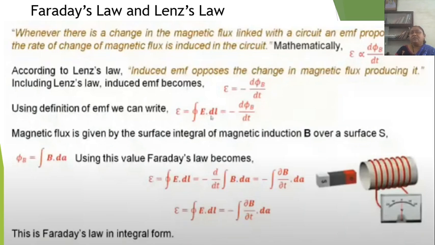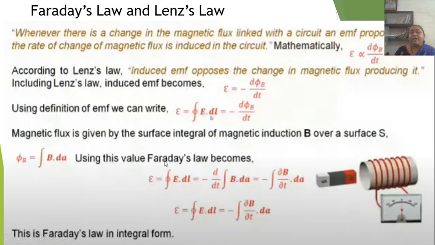The magnetic flux ΦB linked with the coil changes. Here magnetic flux is given by the surface integral of magnetic induction B over a surface S. So ΦB equal to integral of B·dA.